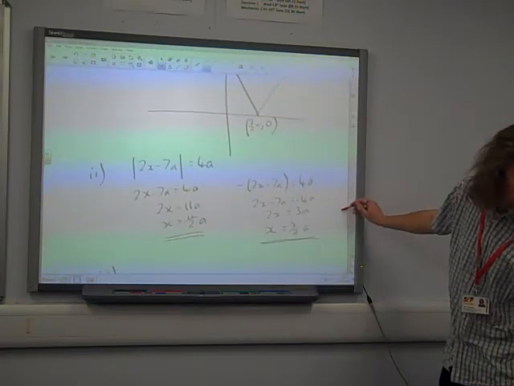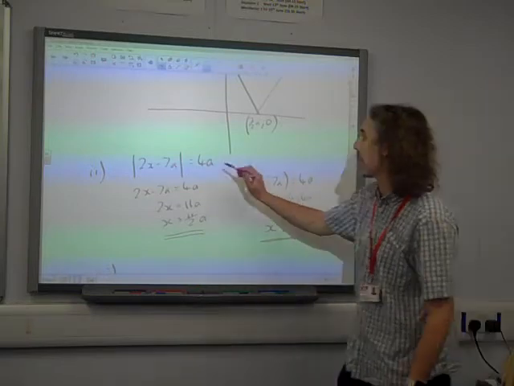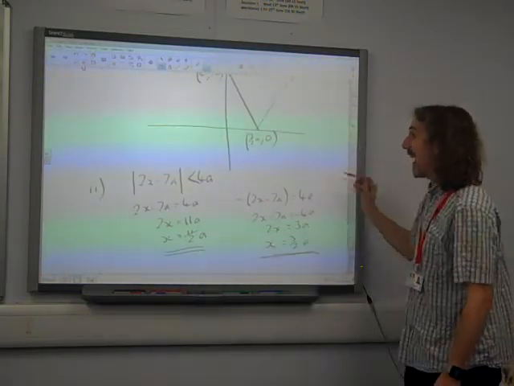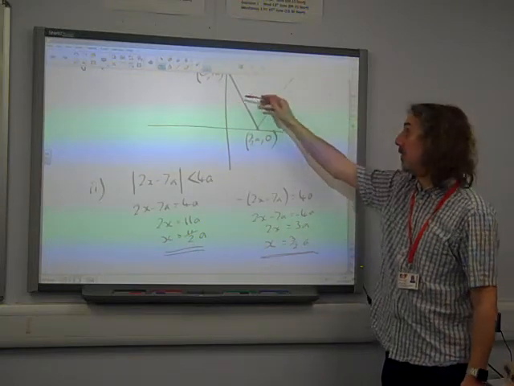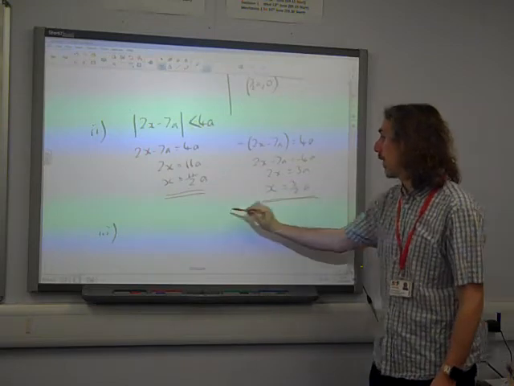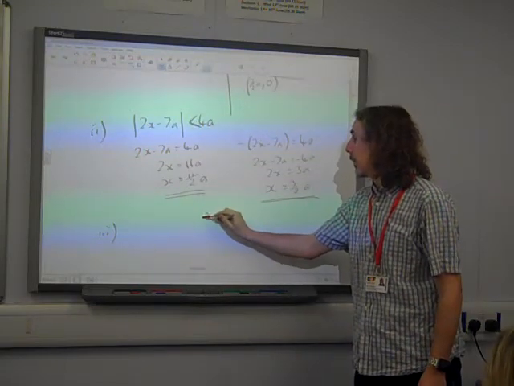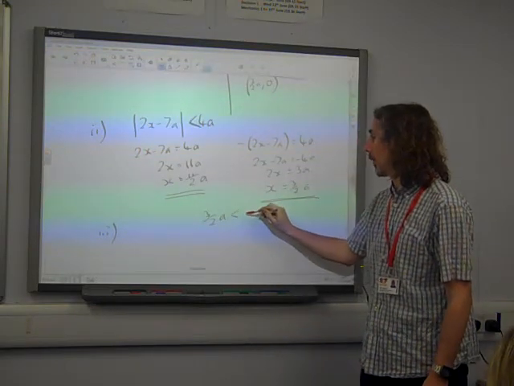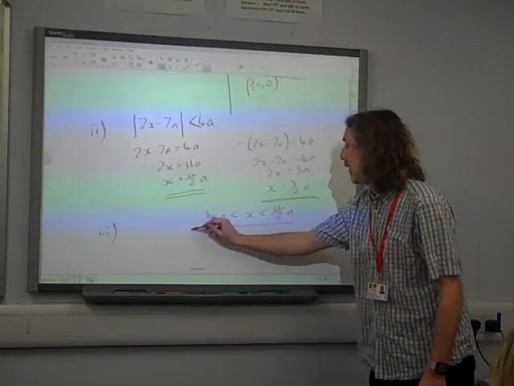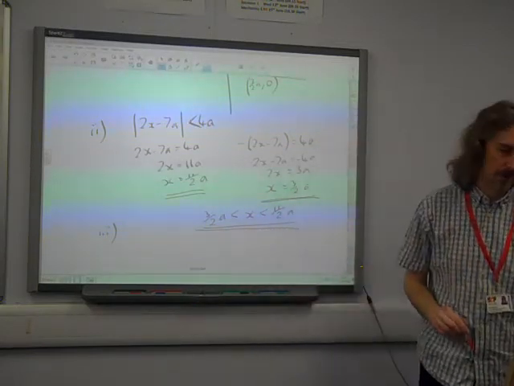It wasn't an equation, was it? It was an inequality. So when is it less than those 2 values? It's the point in between them. If 4a goes across there, it's the point in between those 2 solutions.